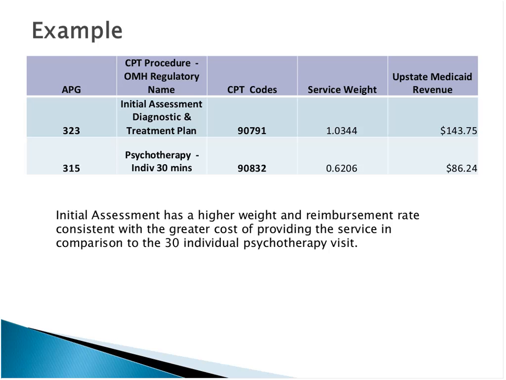On the other hand, you have a psychotherapy visit, 90832, of 30 minutes. That's a 30-minute visit, and you have a progress note, and that's pretty much the inputs on that. That weights in at 0.6206 at $86. So again, we're at a point where we're looking for our units of service to accurately measure inputs, costs, and accurately reflect outputs, revenue.